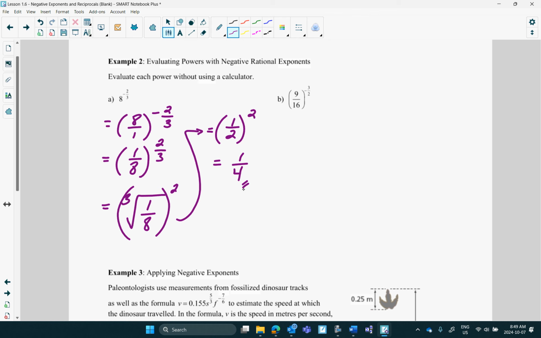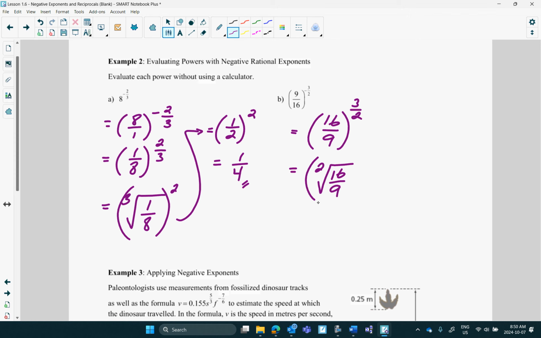Okay, so this next one, let's walk through this one together. What would you do here first? Flip it to make the exponent positive. I've got a fraction exponent, so I got to go to radical form. What's it going to look like? Square root of 16 over 9.